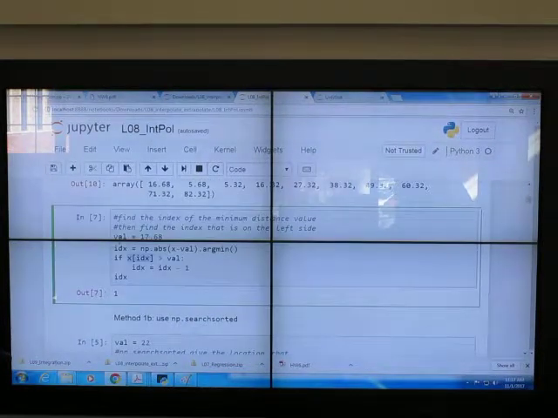Okay, so basically these 3-4 lines give me the left index.